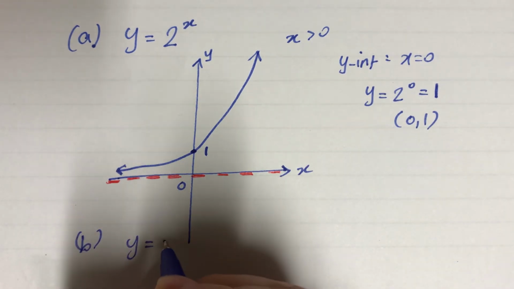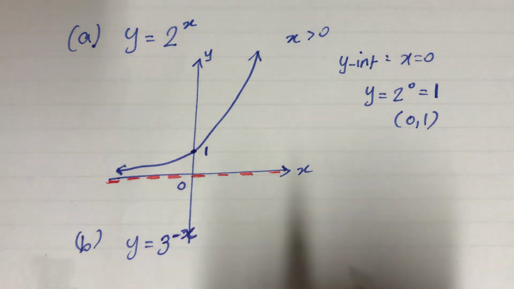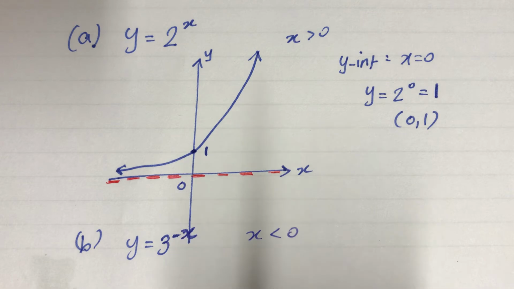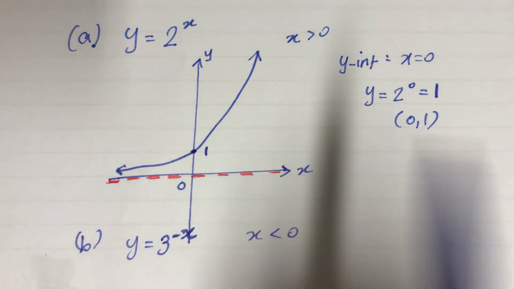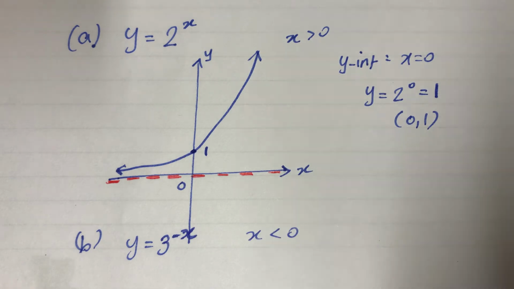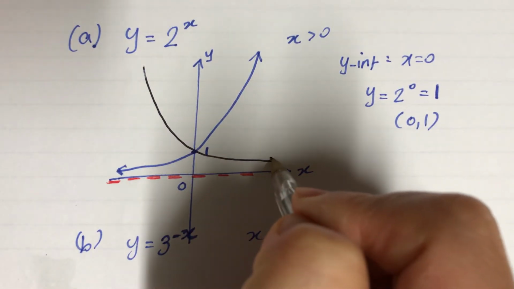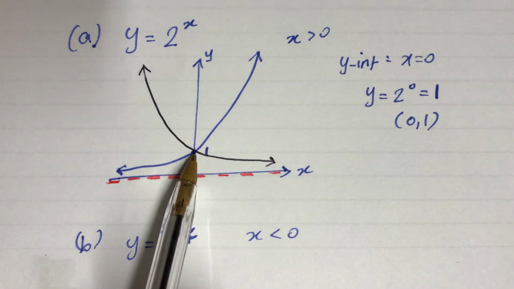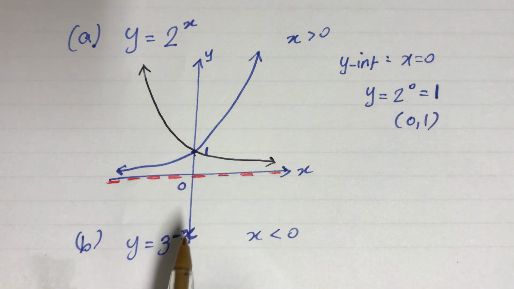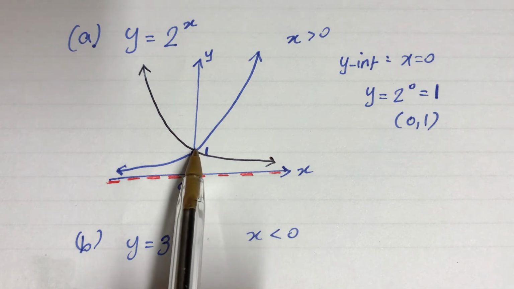Okay, and now what happens if I want to sketch y equals 3 to the power of negative x? Negative x, so x is less than 0. So that means it's going to go from the left to the right. I'm going to use another color, but it'll go through 1 on the y-axis, because when x equals 0, the y will also be 1, so it'll still go through it.